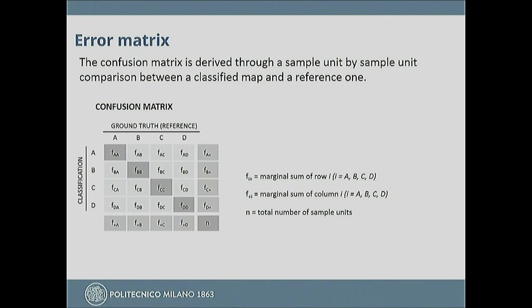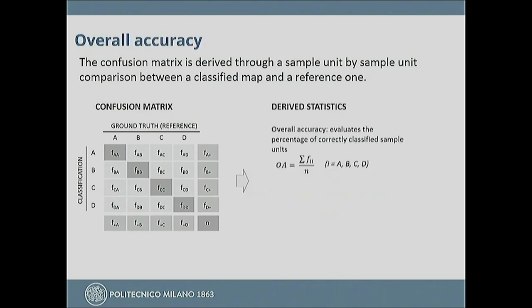Starting from this confusion matrix, we can compute many indexes. The first index that we can consider is what is called the overall accuracy. The overall accuracy is the index evaluating the percentage of correctly classified sample units. Let us see what the index is in this case.